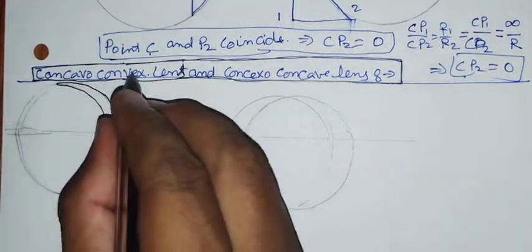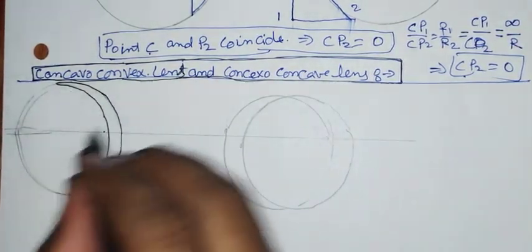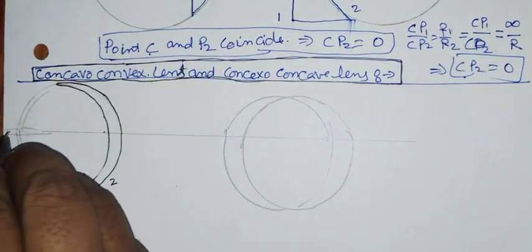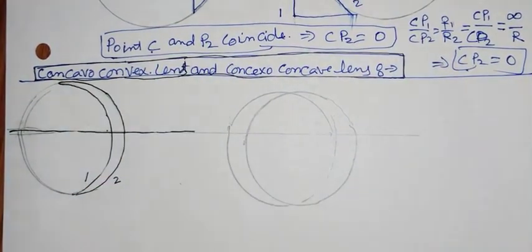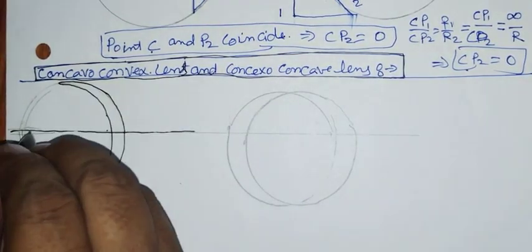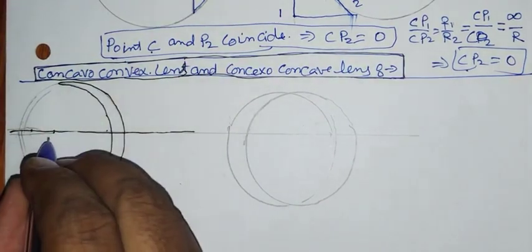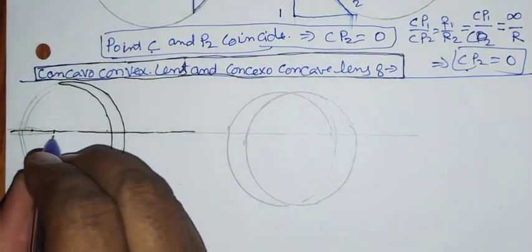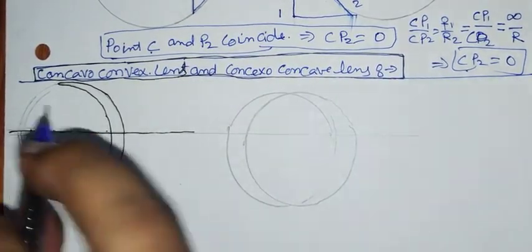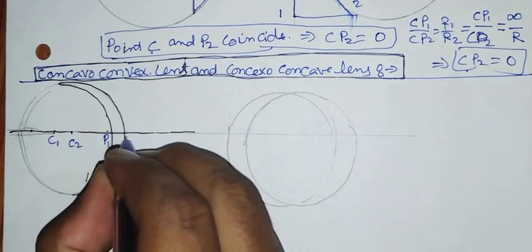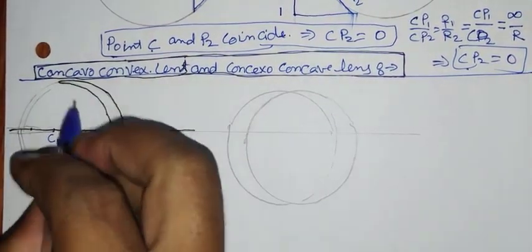The first side is concave, the second side is convex. Let us see the principal axis very carefully. The centers of curvature for the first surface C1 and C2 both lie on the same side. P1, P2.